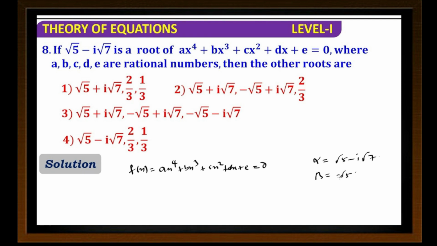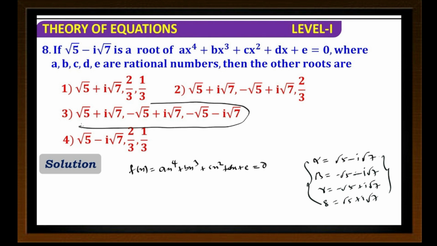So we know that minus root 5 minus i root 7, and another root is minus root 5 plus i root 7, and root 5 plus i root 7 are also roots of the given equation. Okay, so one root is root 5 minus i root 7, so the remaining roots are like that. So the third option is the right option.